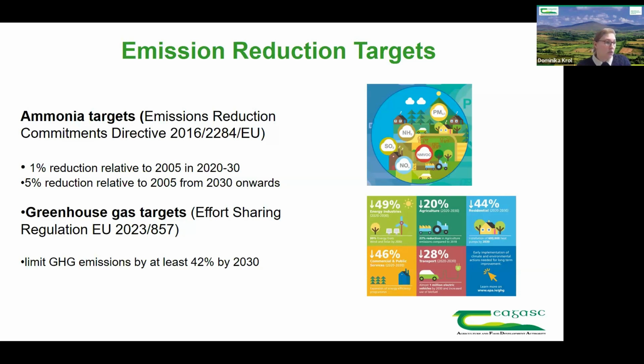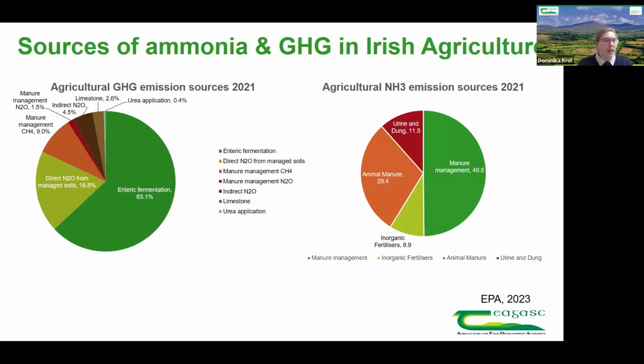And while we have a greenhouse gas emissions reduction target of 42% by 2030, which has gone up from 30%, at a national scale agriculture has its own target of approximately 20 to 22% compared to 2018. So there are loads of targets, just to bear that in mind, but they all lead to the same landing spot.